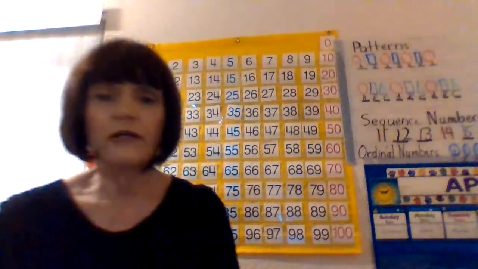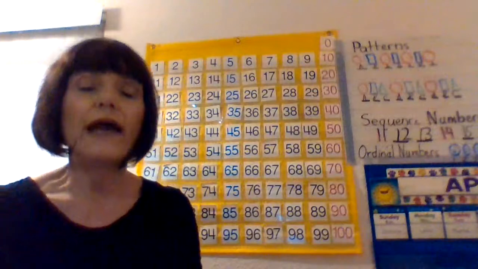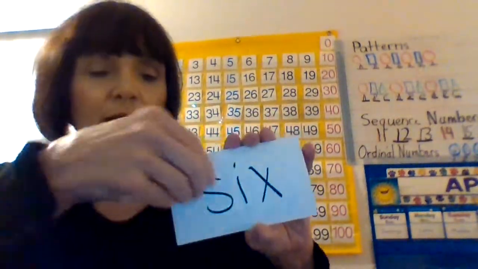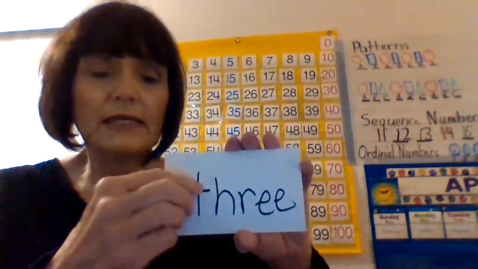Let's go over our number words real quick. These are not in order. These are out of order because you've done them a lot of times. Ready? Here we go. Read them with me. 9, 6.